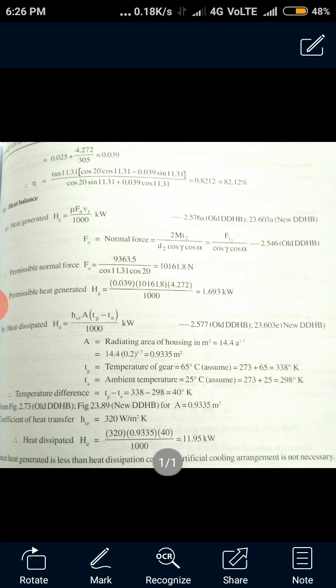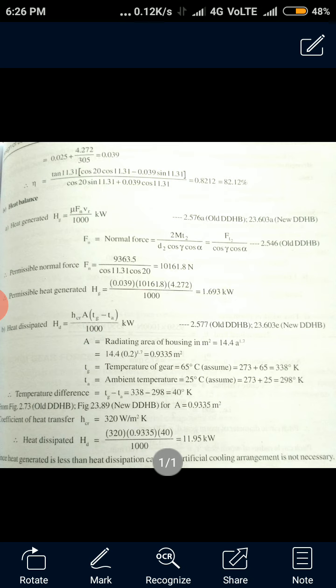So substituting, Fn equal to 9363, the tangential load, cos gamma 11.31, cos alpha 20 degree, you get 10,161.8 Newton. Similarly, for heat generated, substituting the friction coefficient 0.039, Fn 10,161.8, Vr rubbing velocity 4.27 divided by 1000, you get 1.69 kilowatt.